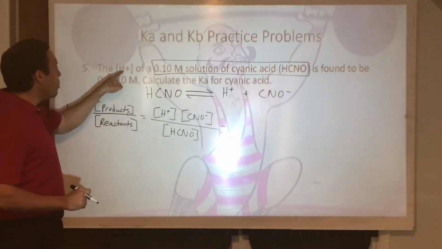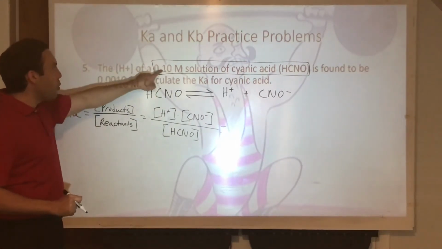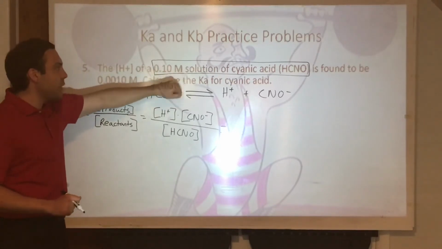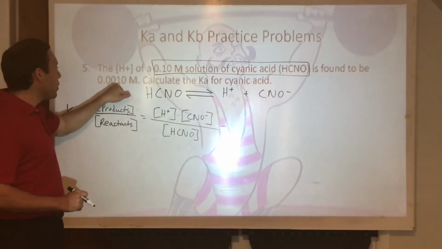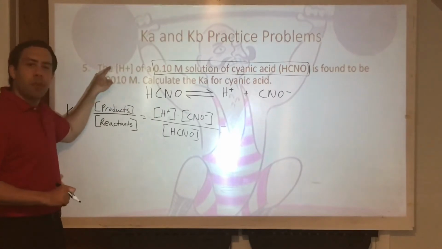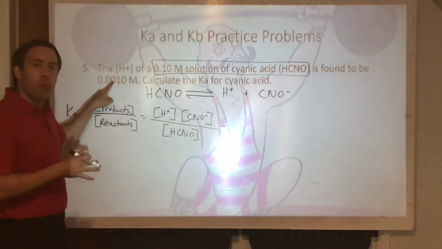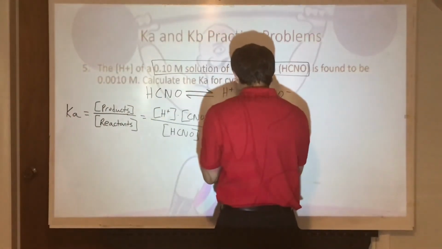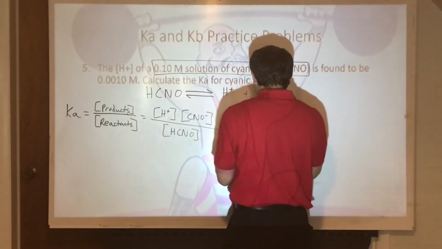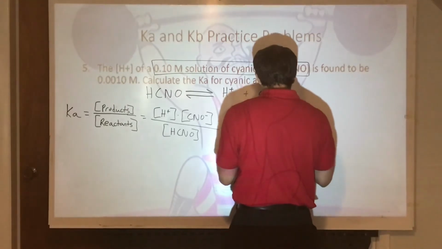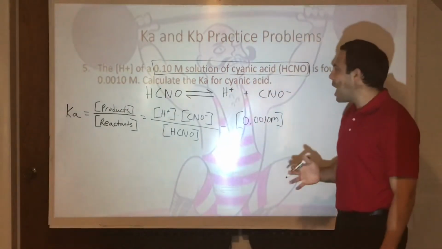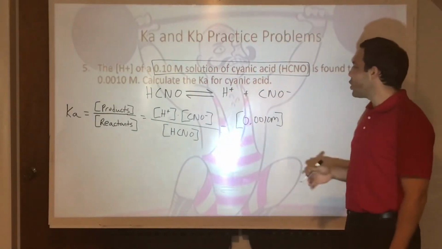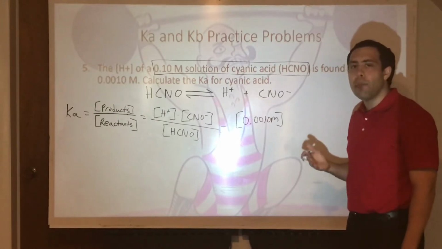So it says the H plus ion concentration of a 0.10 molar solution of cyanic acid is found to be 0.0010 molar. So the H plus ion concentration is 0.0010 molar. So we plug that in. 0.0010 molar. Now, it does not tell us what the concentration is of CNO minus.